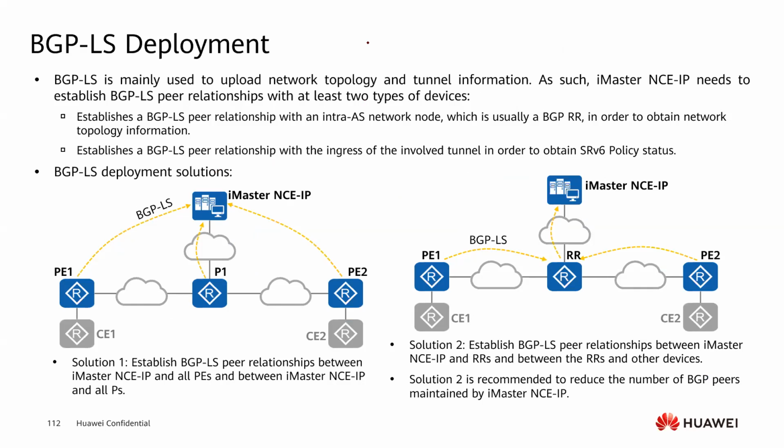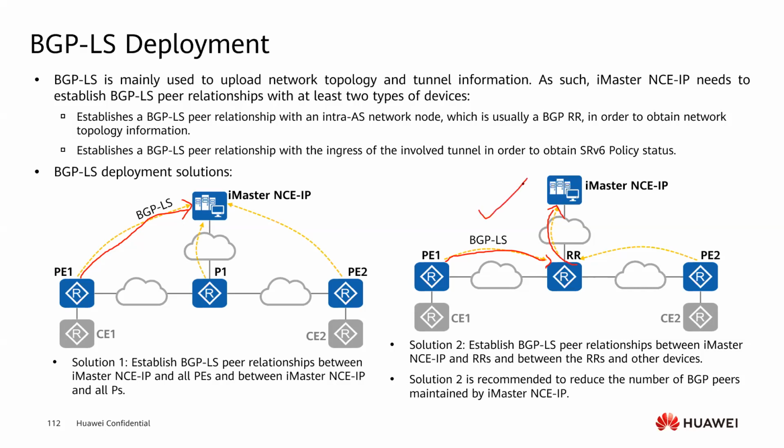Then for BGP-LS, if we want to deploy it, there are two ways to establish the neighbor relationship with NCE-IP. First, each device can directly establish the BGP-LS relationship with NCE-IP. Another way is we send into the RR and the RR connects with NCE-IP.